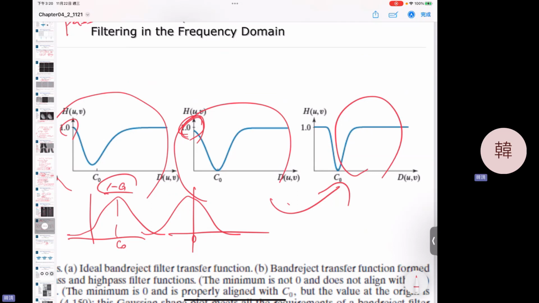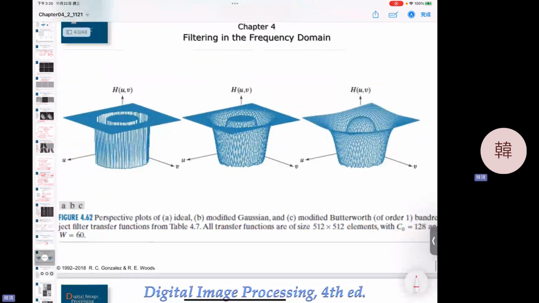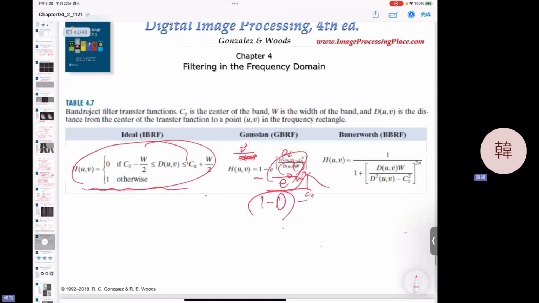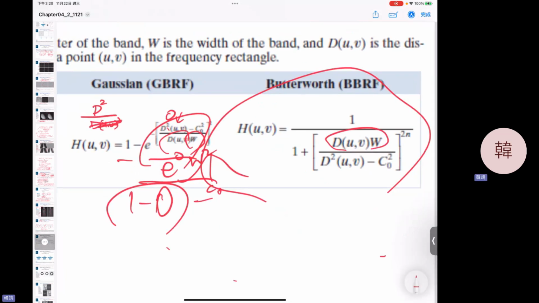Okay, so if you look at this filter design, you get these three profile perspective plots of the ideal, the modified Gaussian, and also Butterworth as well. This is from Butterworth, so it's some modification here. This should be D squared, but we multiply by the width here. And this is some shifting of the C0.